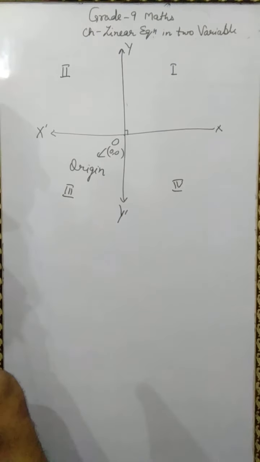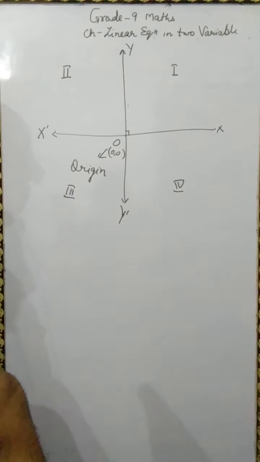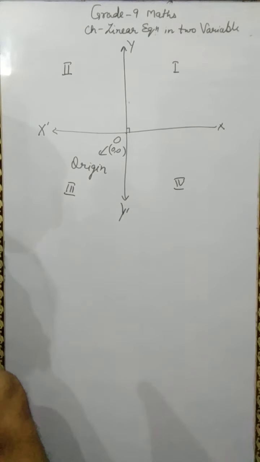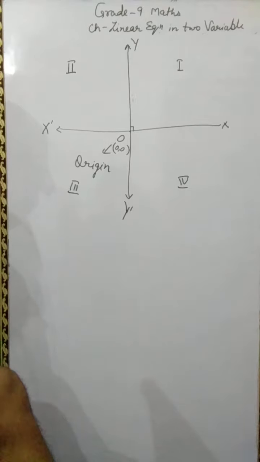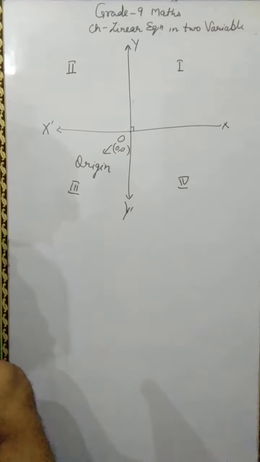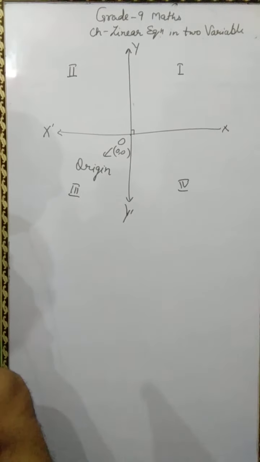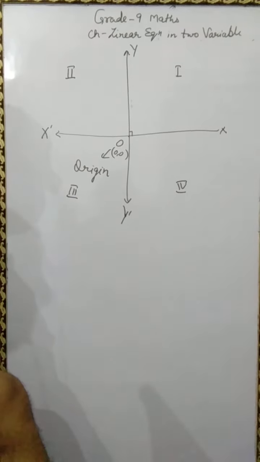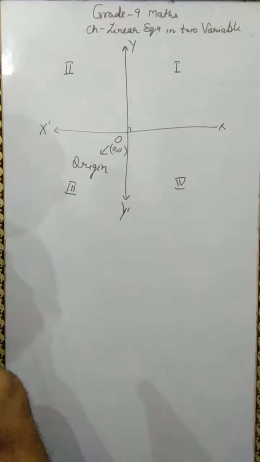Some questions are given in exercise 4.4, such as y equals 3, and representing y equals 3 in one variable as well as in two variables. At that time this concept is needed, which I told you in video 1, part 1 of this chapter, linear equations. So please remember, individually an axis is always a real line.